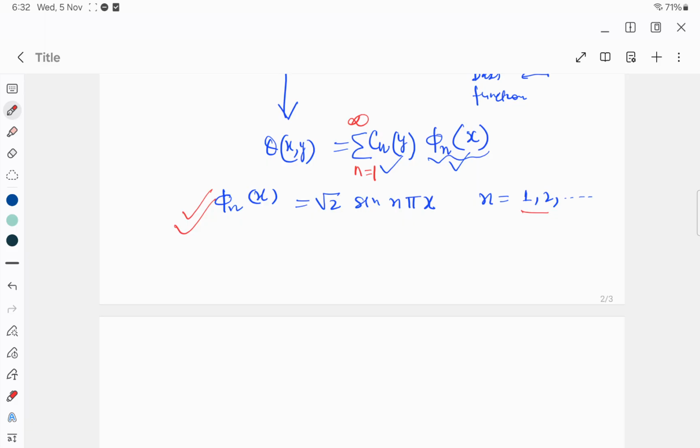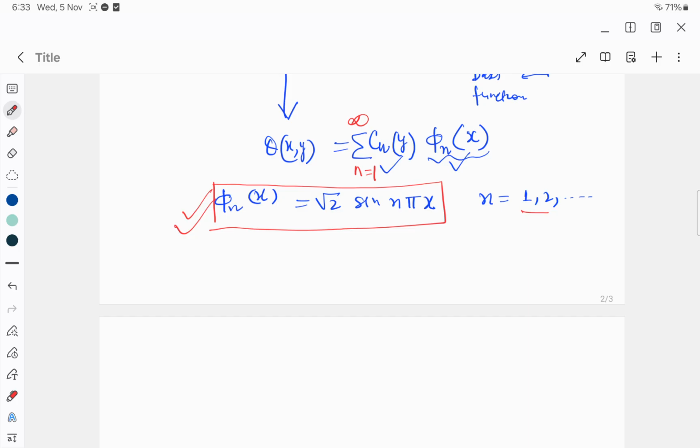The main thing you should note is that for n equal to 1 you get root 2 sine pi x, for n equal to 2, phi 2 x is root 2 sine 2 pi x, and similarly sine 3 pi x, sine 4 pi x. So you get an infinite number of basis functions.